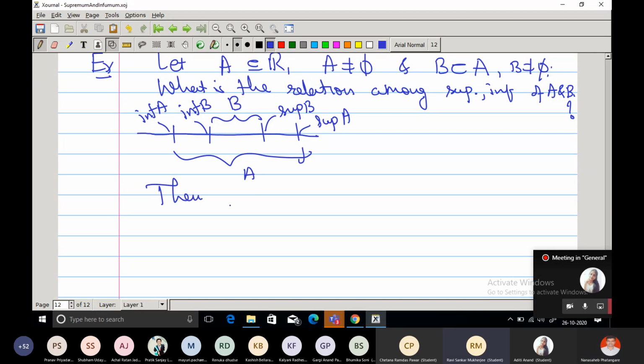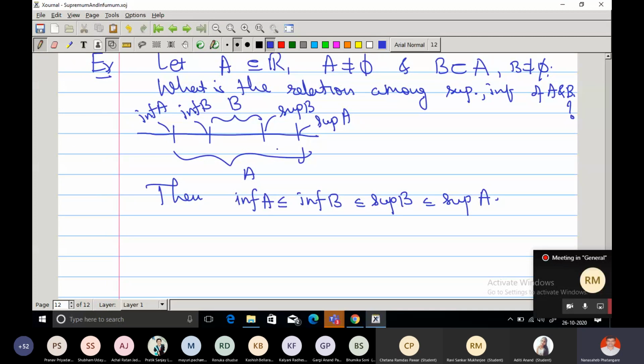The supremum of A is always greater than or equal to the supremum of B, and the infimum of B is always greater than or equal to the infimum of A. Right, so infimum of A ≤ infimum of B ≤ supremum of B ≤ supremum of A. This is true in the general situation, whatever the subsets.